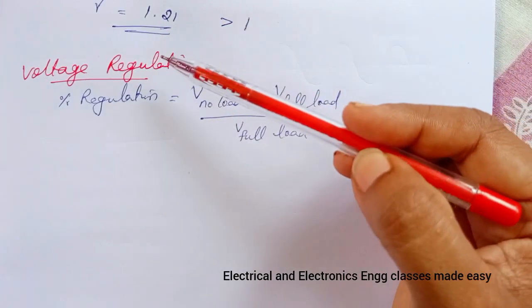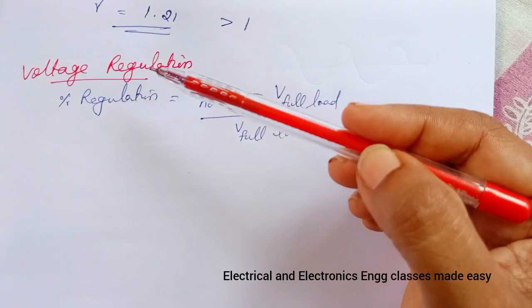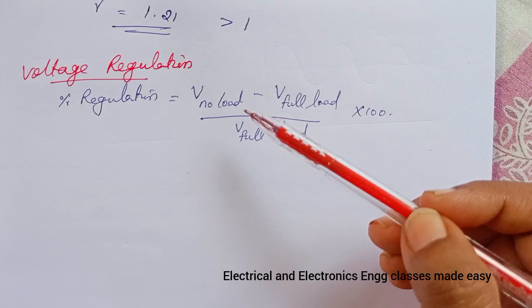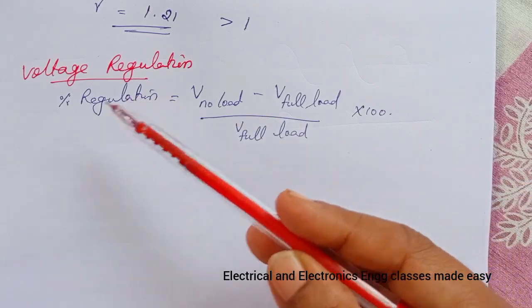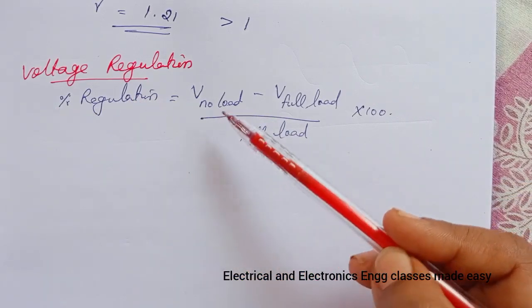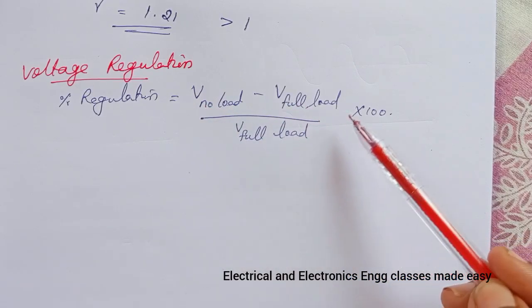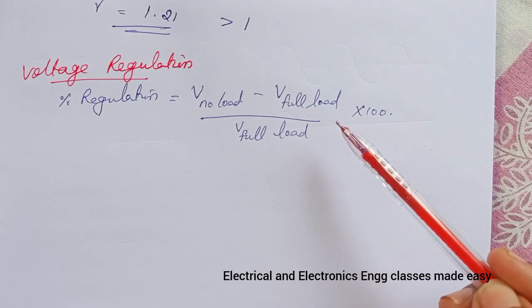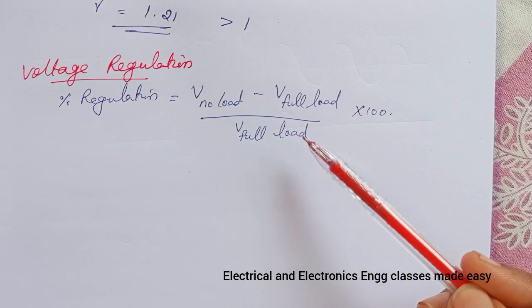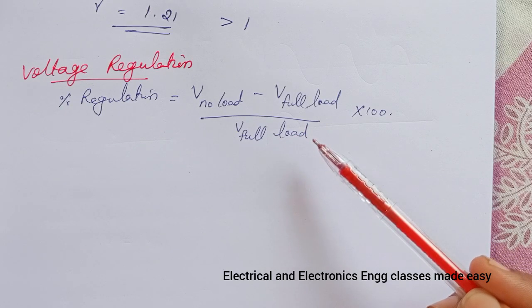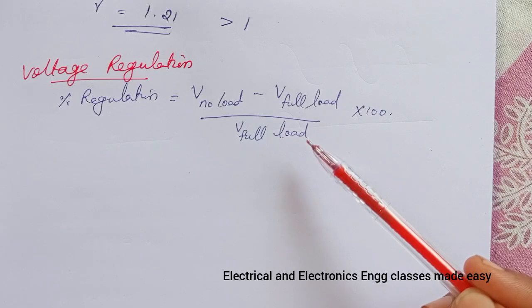The regulation is a measure of the variation of the DC output voltage as a function of the DC current and is defined as percentage regulation equal to (V no load minus V full load) divided by V full load into 100. And for an ideal power supply, the output voltage is independent of the load resistance and hence percentage regulation is 0 for an ideal power supply.